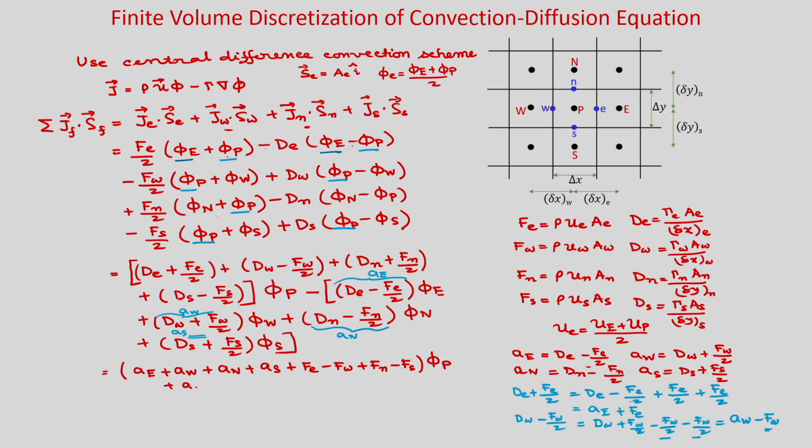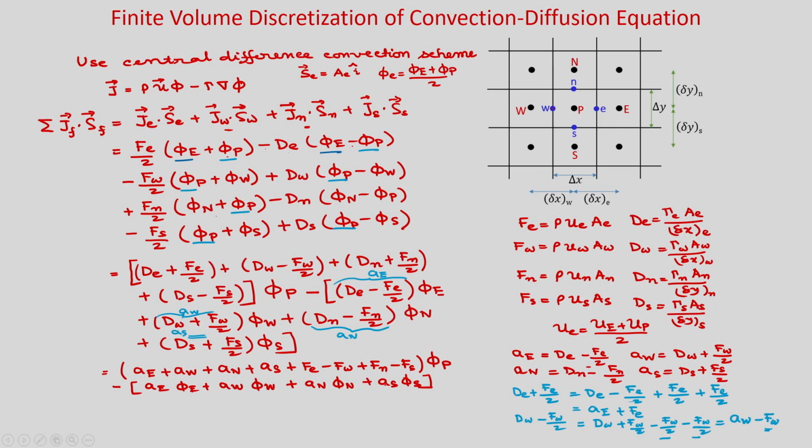And we have minus A e phi e plus A w phi w plus A n phi n plus A s phi s. Okay.